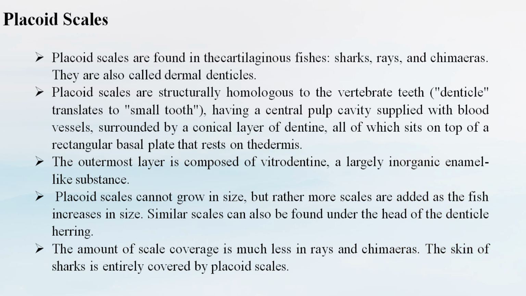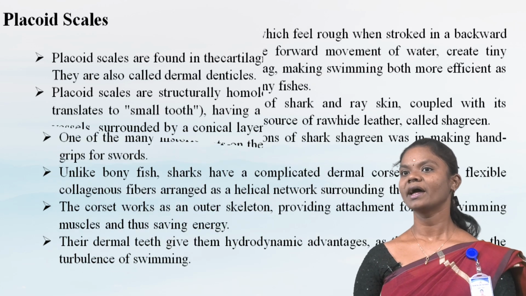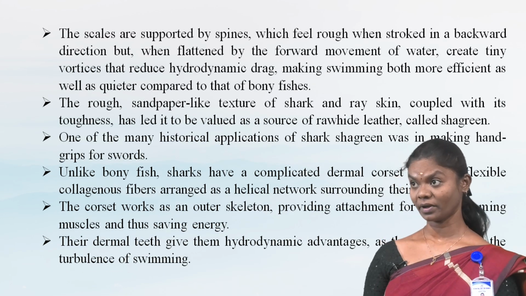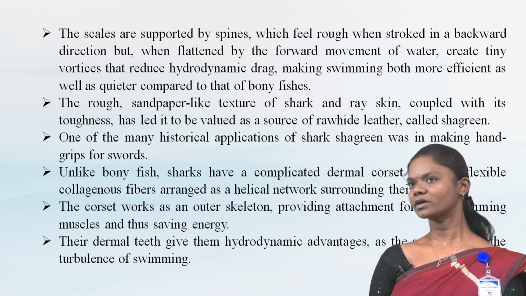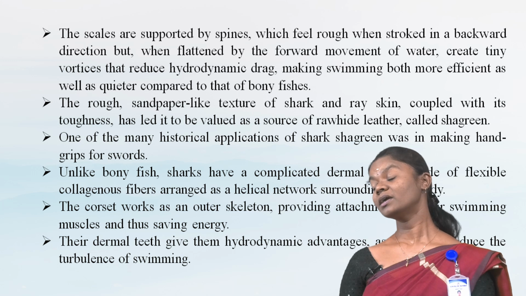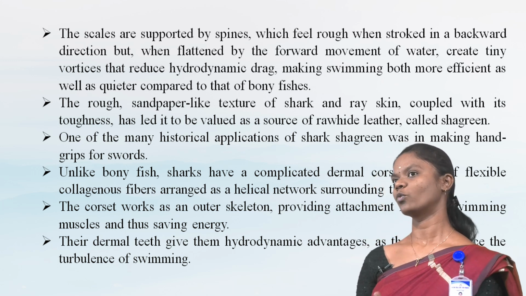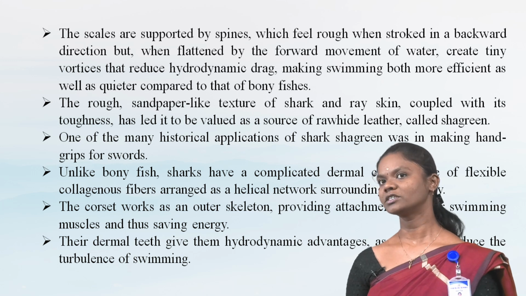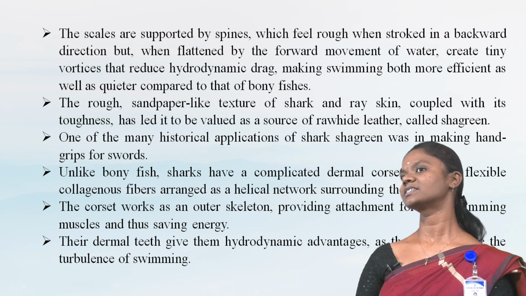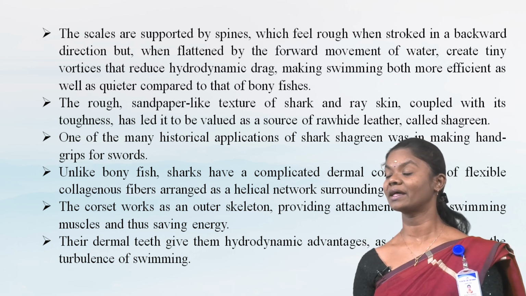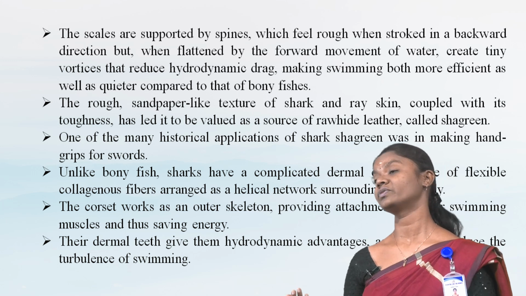The skin of a shark is entirely covered by placoid scales, and the scales are supported by spines which feel rough when stroked in a backward direction, but when flattened by the forward movement of water, create tiny vortices that reduce hydrodynamic drag, making swimming both more efficient as well as quieter compared to the bony fishes.